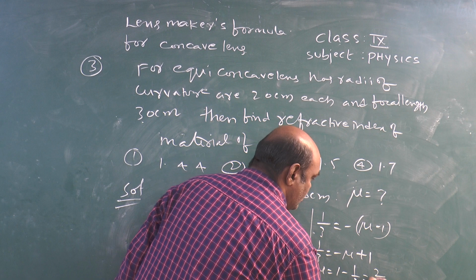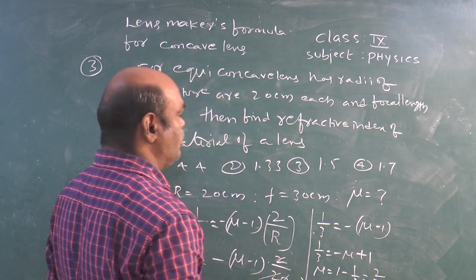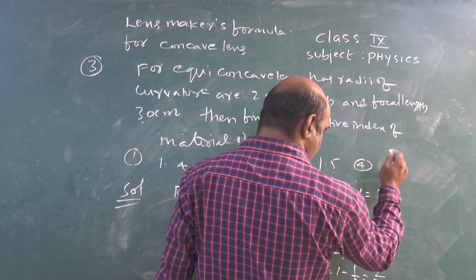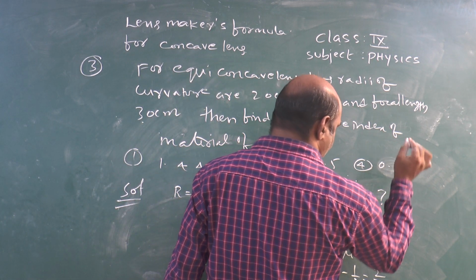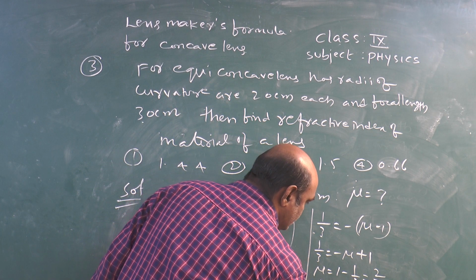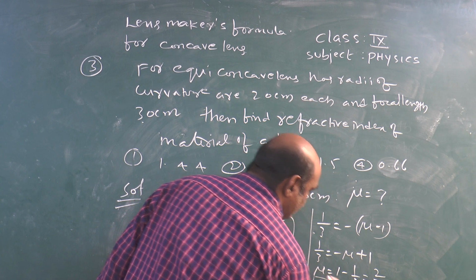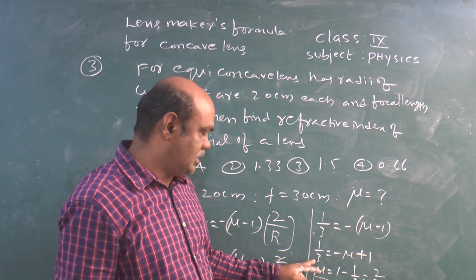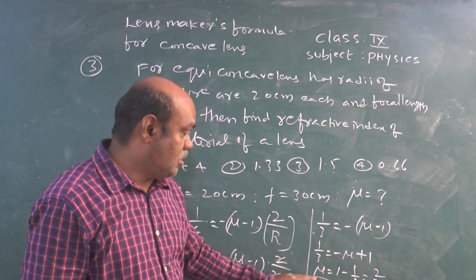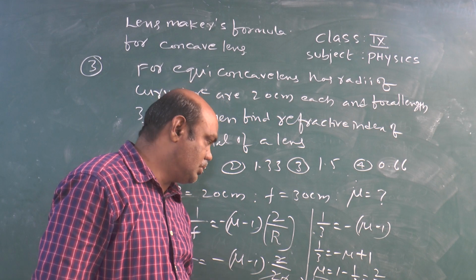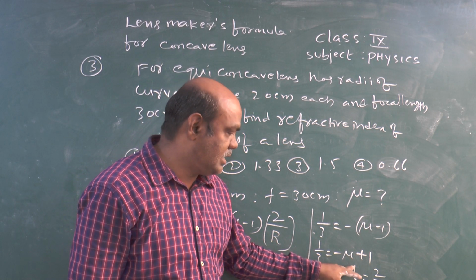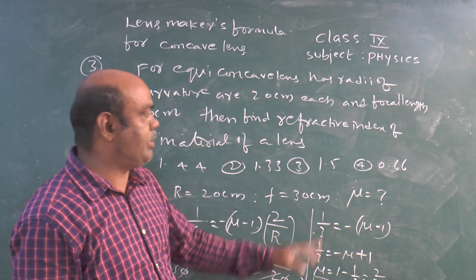So here 2 by 3, I think 0.66. So mu is equal to 2 by 3 means 0.66 we will get. So see once again: 1 by 3 equal to minus mu plus 1. Mu equal to, when mu comes to the left side, 1 by 3 goes to the right side, 1 minus 1 by 3, 3 minus 1, so 2 by 3, that is 0.66.